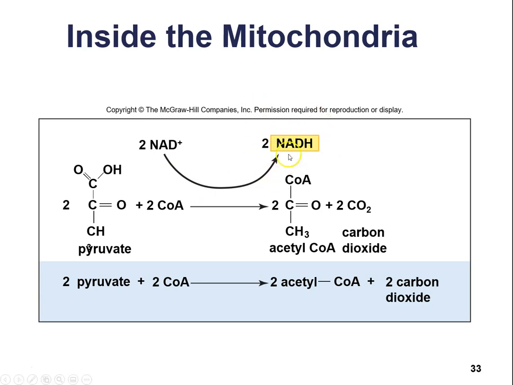This NADH is important because it's going to go to the electron transport chain, where it serves as an electron carrier, and it's going to help generate a whole bunch of ATP when we talk about chemiosmosis. So this is your prep reaction.